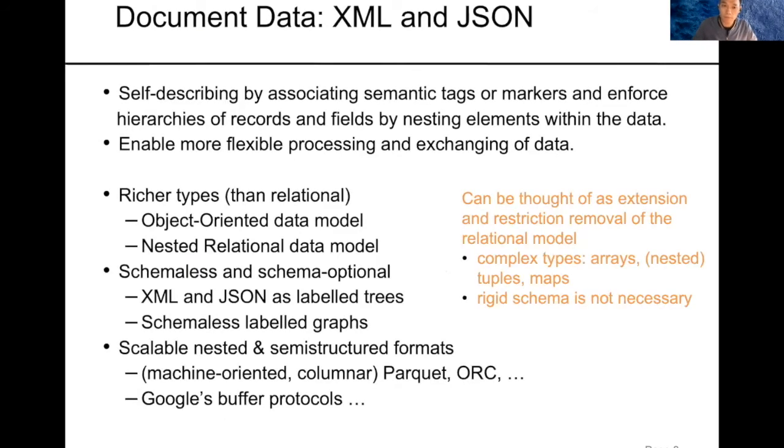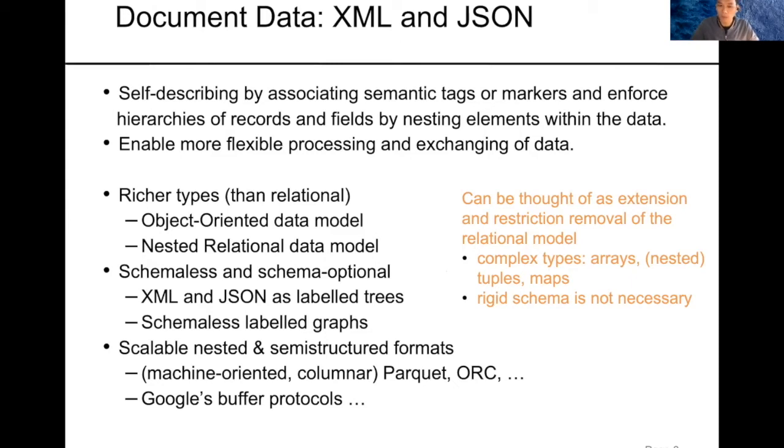Let's get started. Document data, such as XML and JSON, are self-describing by associated semantic tags or markers, and enforce hierarchy of records and fields by nesting elements within the data. They also enable more flexible processing and exchange of data.